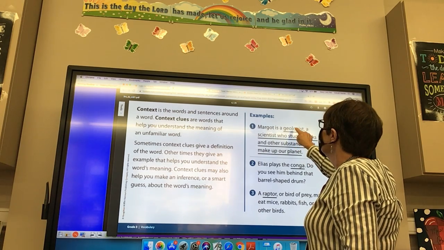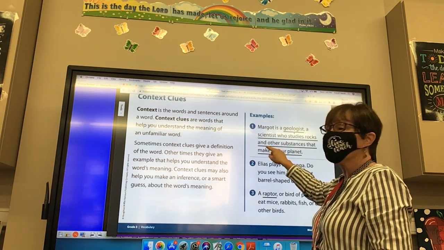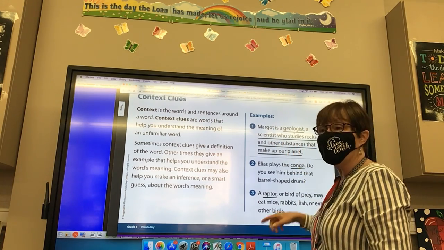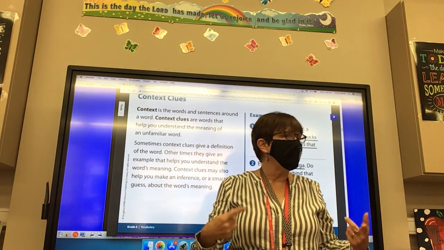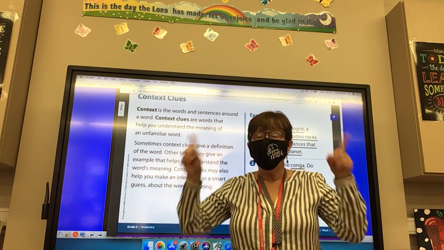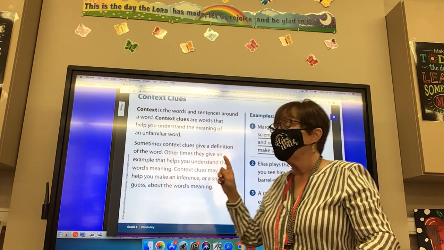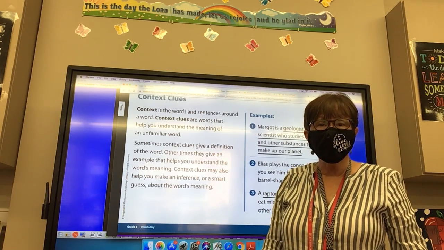It says here, geologist: a scientist who studies rocks and other substances that make up our planet. So it's telling me what a geologist is. If I didn't know what a geologist is, I could figure it out by looking. Here's the definition. Do you see the definition of a geologist?